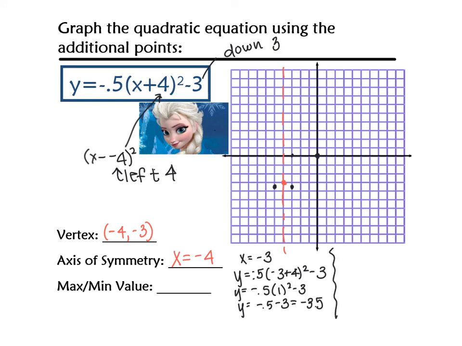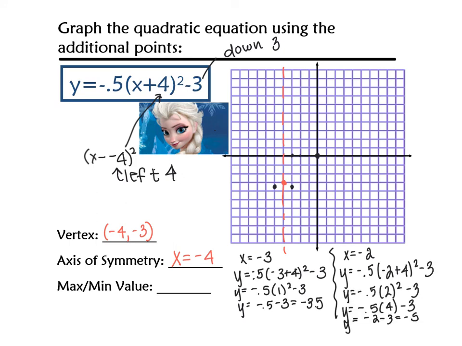You're going to repeat that process one more time. So the next x value I have would be x equals negative 2. And then same thing, to get the y, I'm plugging it into the equation that they gave me. And then I'm going to solve for my y value. This time when I solve, I get negative 2, negative 5. So my next point is at negative 2, negative 5.